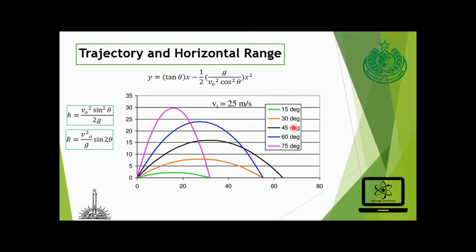The other ones are 30 degrees and 60 degrees, this orange and blue line. This shows the same range but different height. Again, one angle is 30, the other possible angle is 90 minus 30, which is 60, so we get the same range because of the sine 2 theta factor, but different height because of sine square theta. The greater launching angle has the greater height.